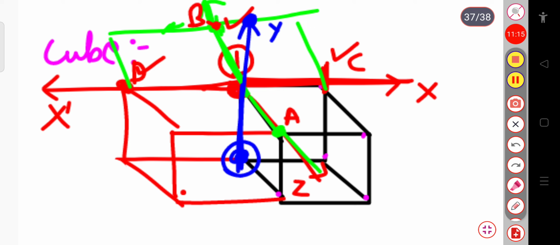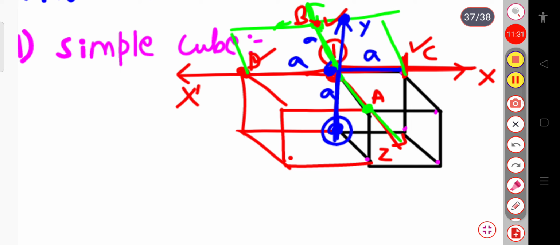We can say that if I consider the side as a, then all the nearest neighbors are at distance a from the atom we have considered. So for the simple cubic crystal, the total coordination number is 6.